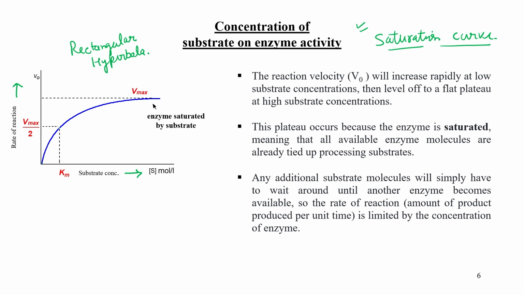After some time, if we continuously increase the substrate concentration, we reach a point where the enzyme gets fully saturated by the substrate, meaning all the active sites present in that enzyme get associated with the substrate. At this time, maximum velocity has been attained by the enzyme.